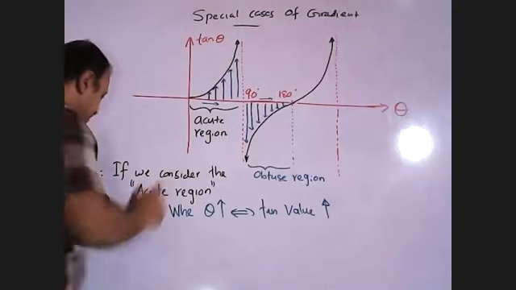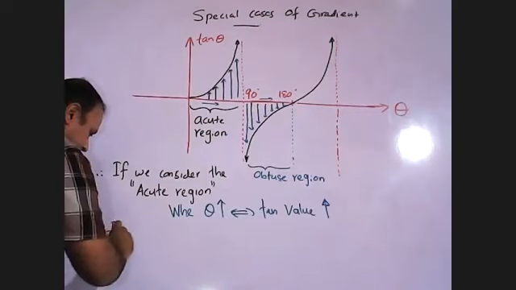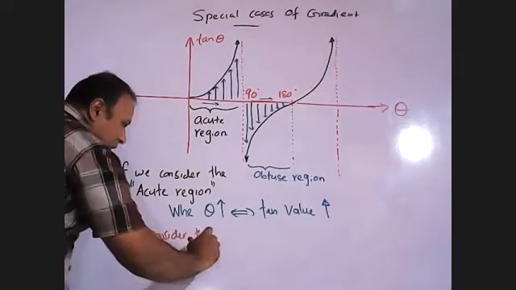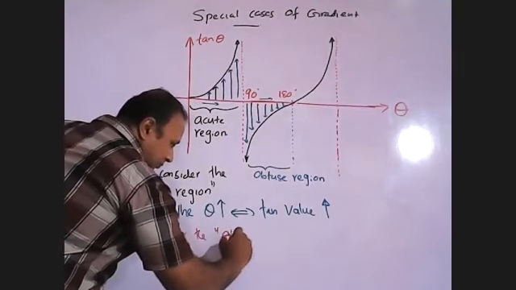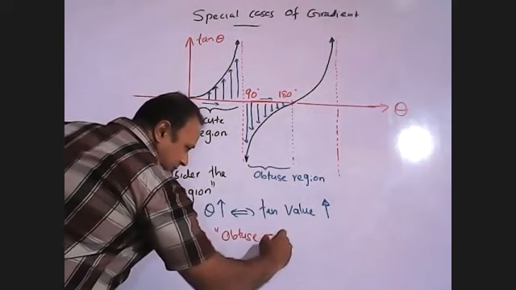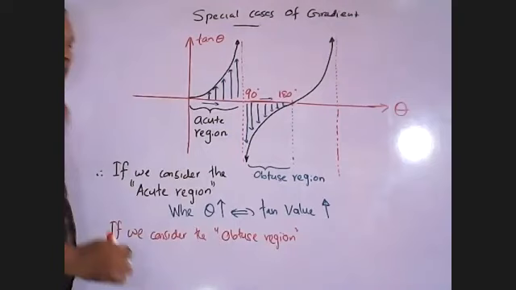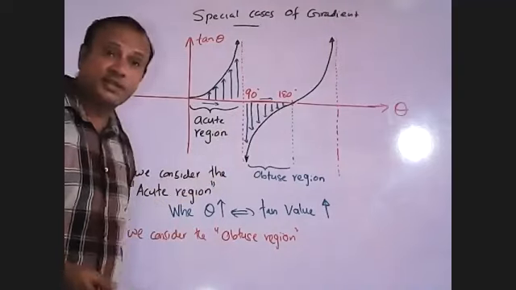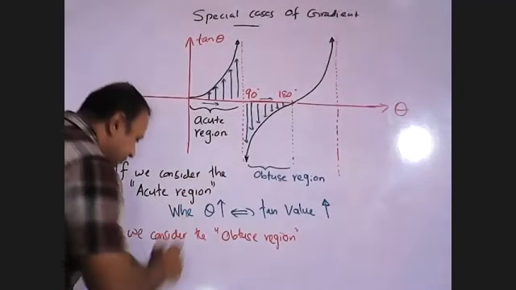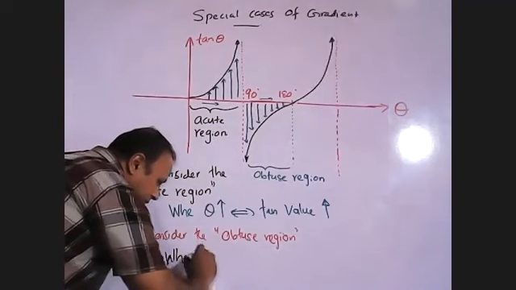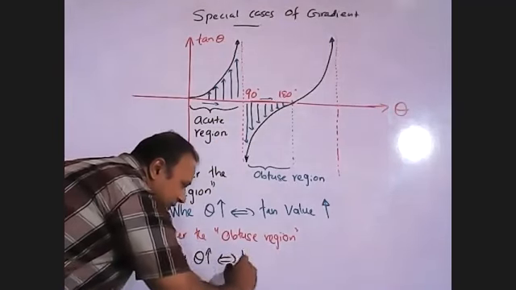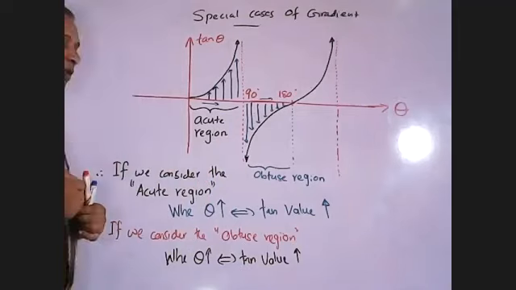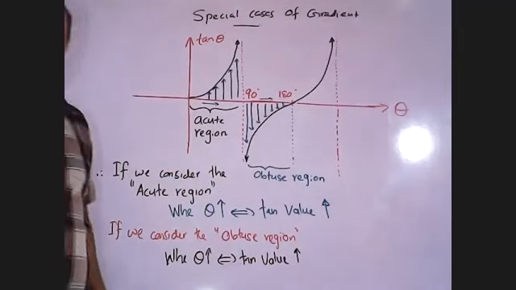On the other hand, if we consider the obtuse region, if theta increases, the tan value also increases. Okay, no?